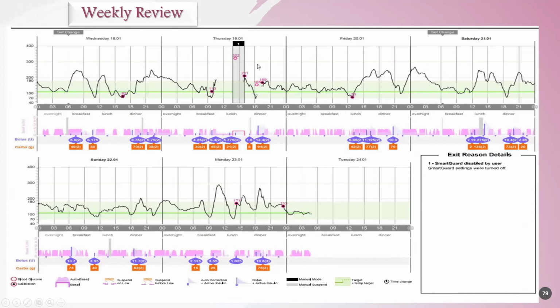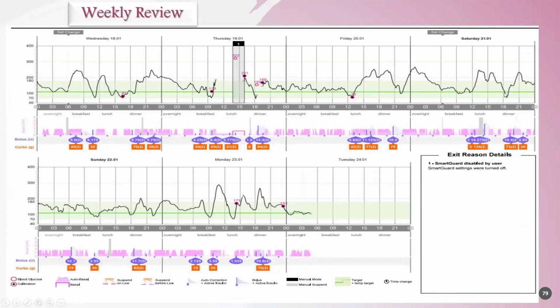It is 1 day, 2 days, and it will give you how much basal was given and the correction boluses. And here, when he took carbs, what does the pump suggest? Carbs, then basal, suspend basal, then auto boluses.